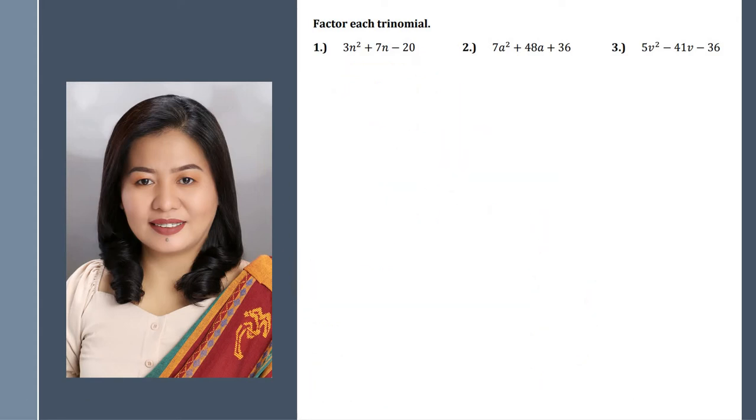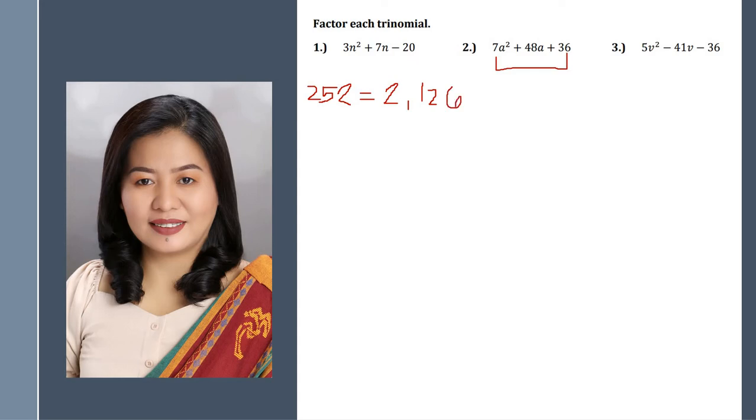Okay, so we start by multiplying 7 and 36, that is 252. Let's try first listing the prime factors. So that's 2 and 126.